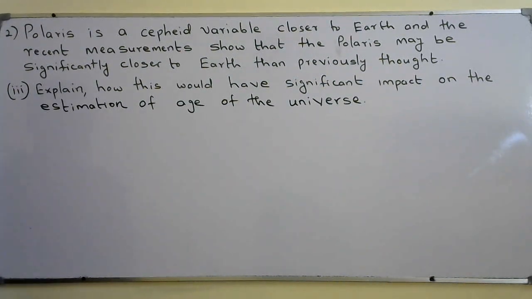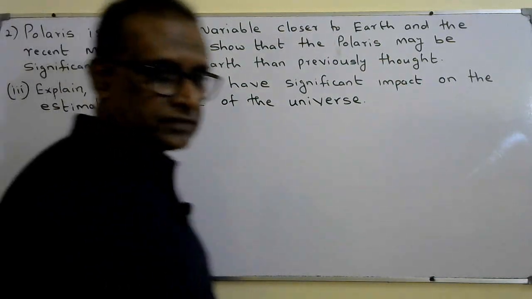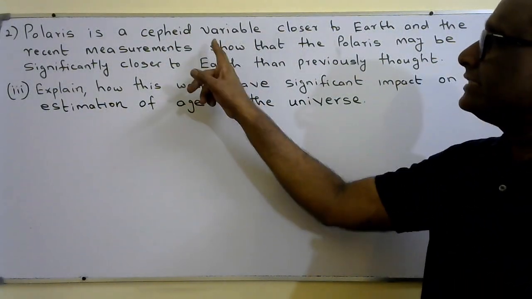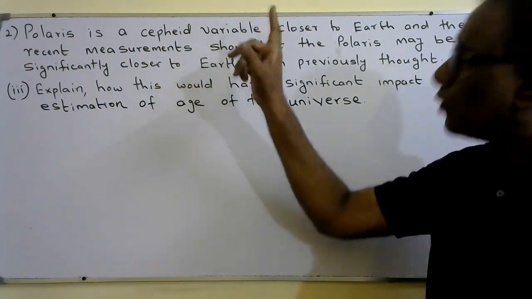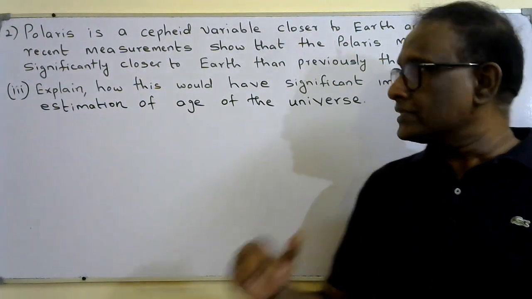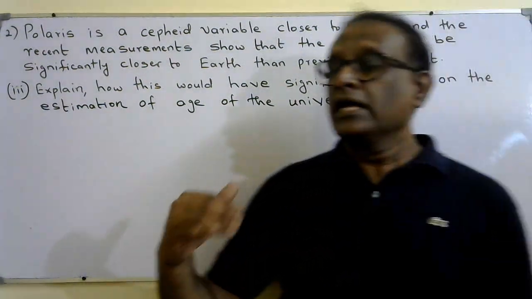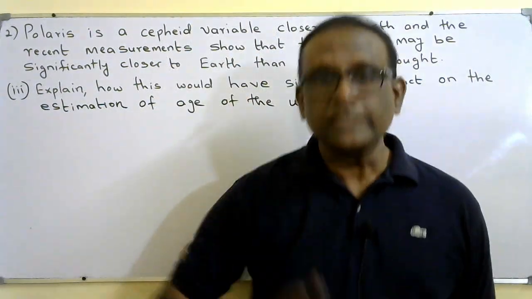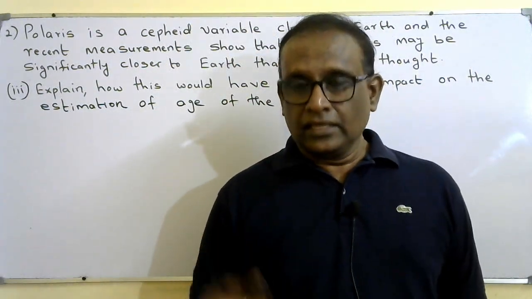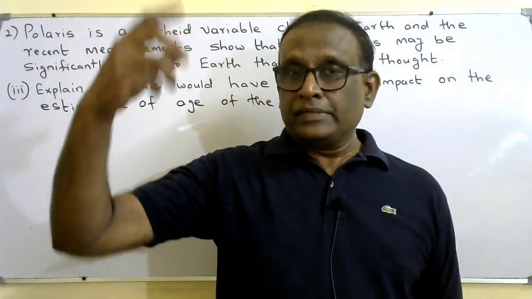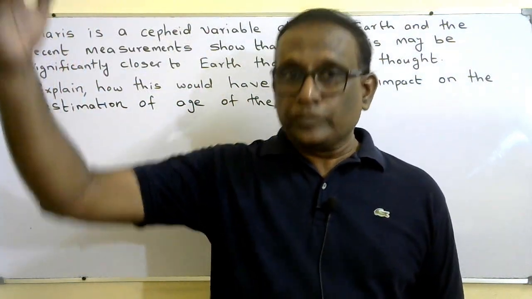Okay, third part of the same question, last part of the same question. We know that because of the variation in the measurement of Polaris, it is getting smaller, closer to us. We know the luminosity of any far distant Cepheid variables will become lower, and we know that the distances of any Cepheid variables in the far distance galaxies are going to be smaller.